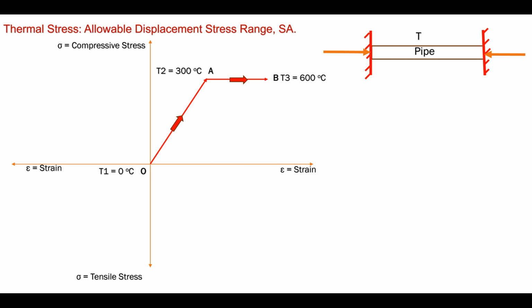Now if we reduce the temperature of the pipe, it will follow the same slope as from point O to A, meaning the same Hooke's law, but after reducing the temperature from T3, 600 degrees centigrade, to T4, 300 degrees centigrade, it will touch the strain axis at point C, as shown in the blue line graph.